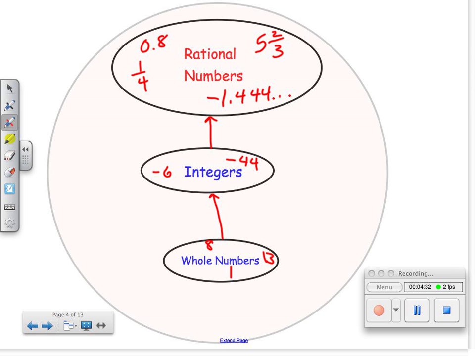Okay, so we have whole numbers which are part of integers, but add on the negative numbers. Whole numbers and integers are all part of rational numbers, and add on all of these other numbers. So that's what the family looks like.